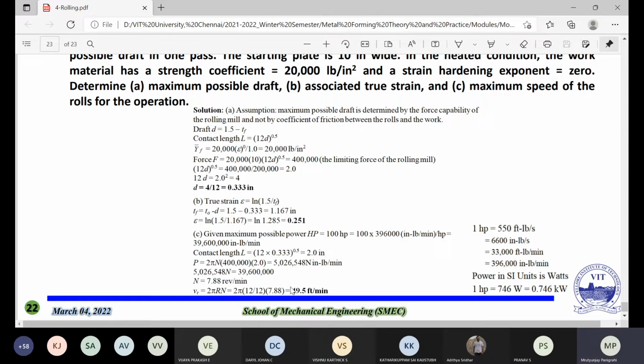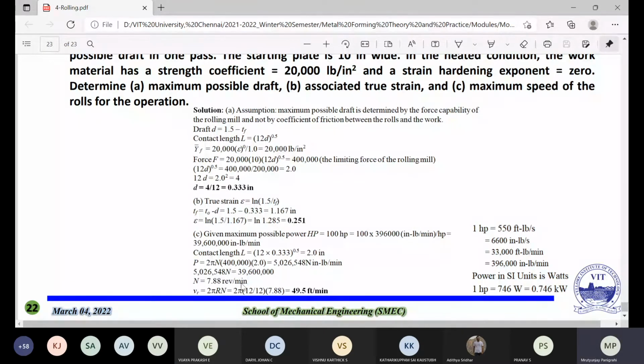So the contact length will be 2 inch, right? Yes, sir. And P will be this value. This value equals this value, because we are giving the maximum possible horsepower. So from here you will find out N, because the N value remains. So N you will get as 7.88 revolutions per minute.